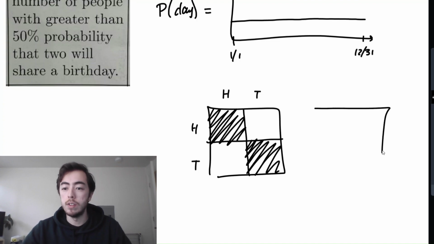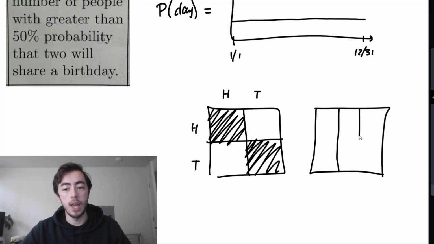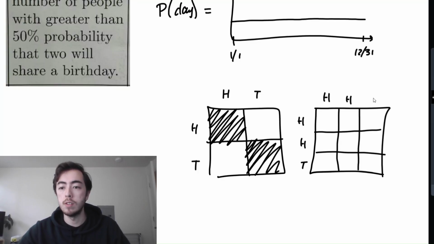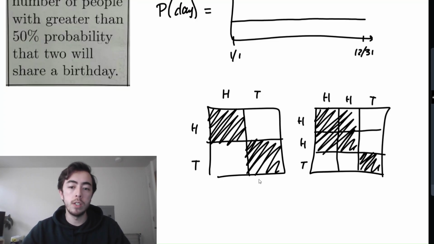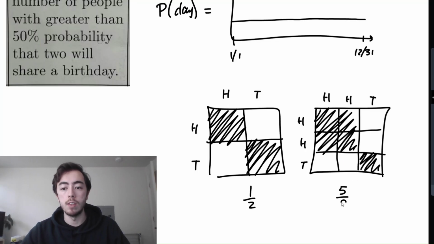However, if I have a weighted coin where heads is twice as likely as tails, I could think of this as my sample space, where I have twice the chance of getting heads over tails. Now I can shade in the parts that have a double up, either two heads or two tails. Originally we had a 1/2 probability of getting the same outcome twice, but here we have a 5/9 probability of getting the same outcome twice.